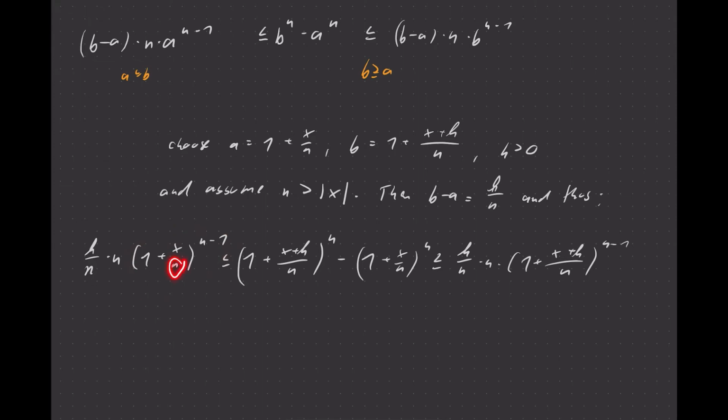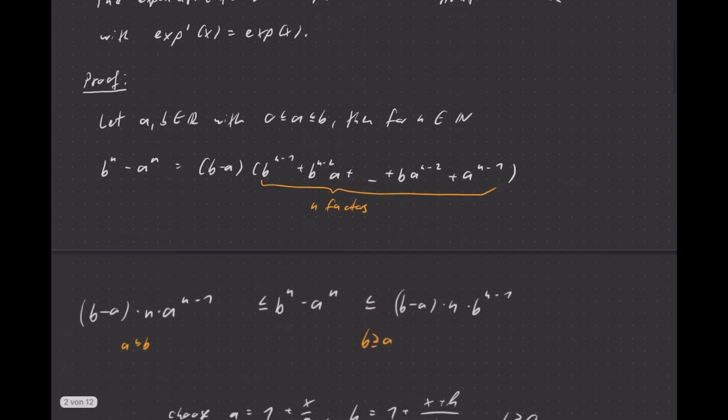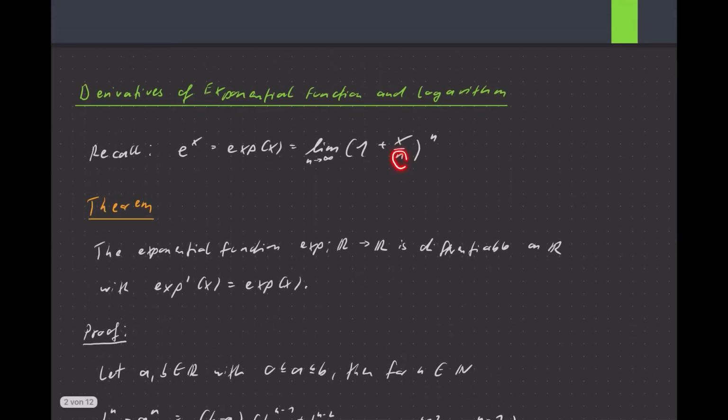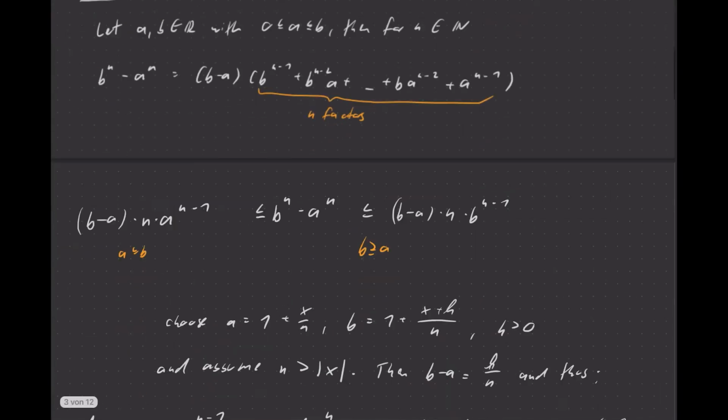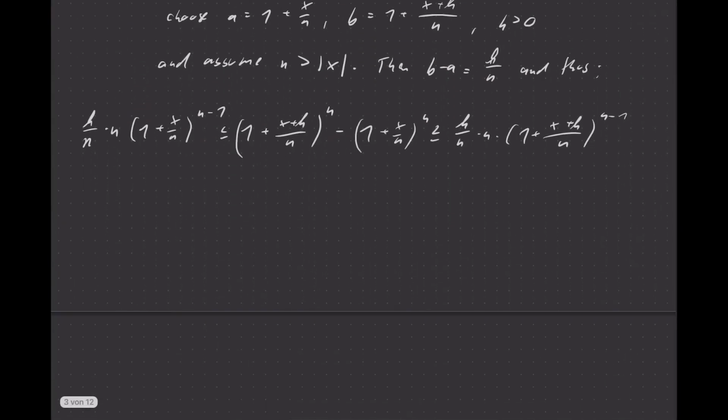You'll see that here we have an n, here we have an n minus 1. Originally, what we need is an n here and an n here. So let's have a look at that limit here first. We want to compute the limit as n tends to infinity of 1 plus x over n to the power of n minus 1.